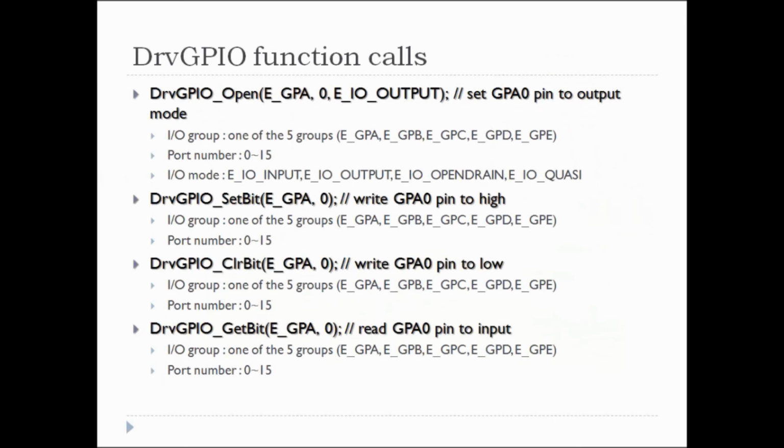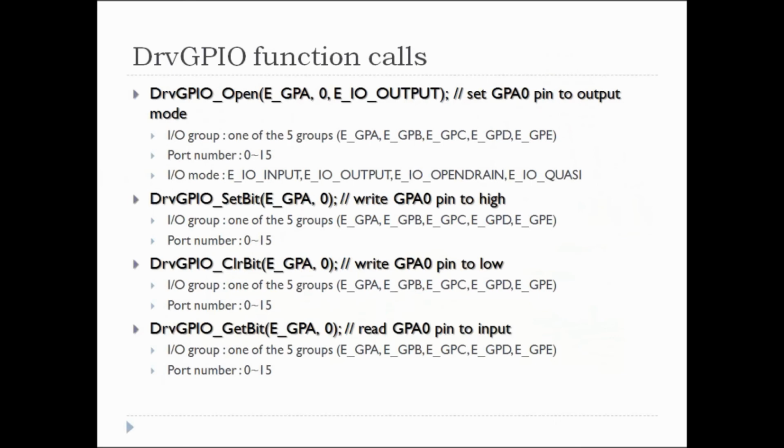As we saw earlier, each IO pin supports 4 IO types. That IO mode we have to select. We have 4 IO modes. To configure the pin as input mode, the argument is E_IO_INPUT. If you configure that particular pin as output mode, the argument is E_IO_OUTPUT.